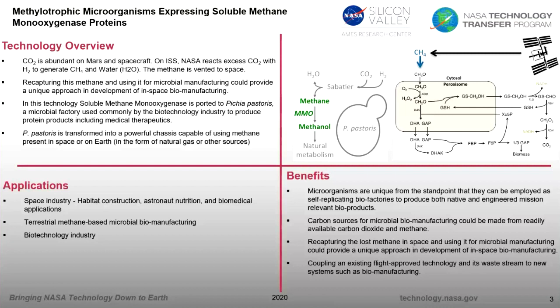Another benefit is that we already have a waste stream of methane on the ISS, and recapturing this could help us close the loop in space and improve the efficiencies of operations. And what's particularly nice about this technology is that it couples a number of robust technology platforms.